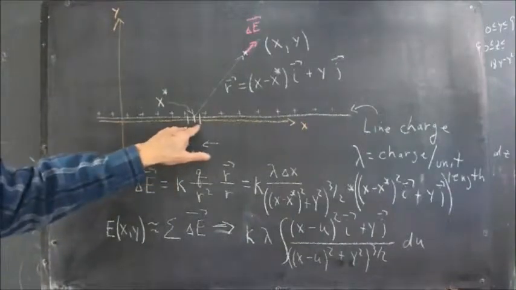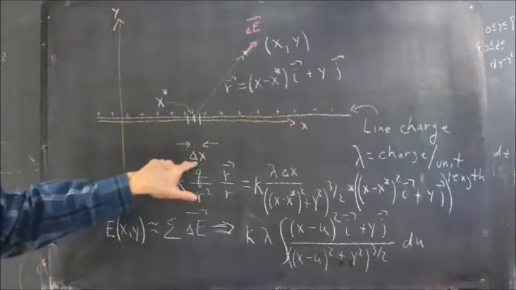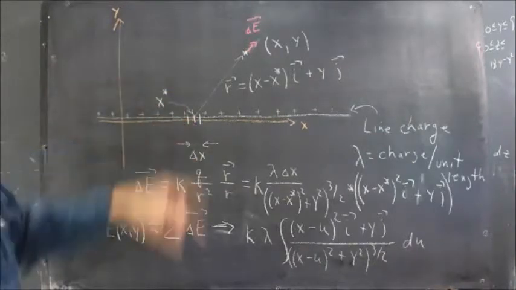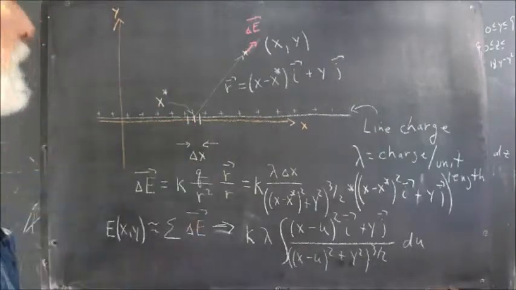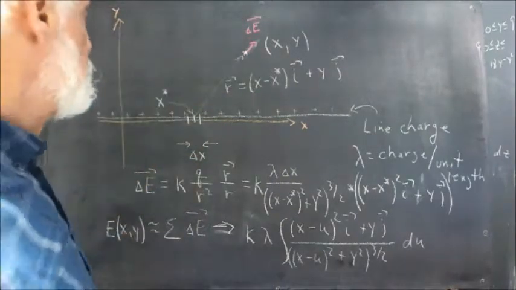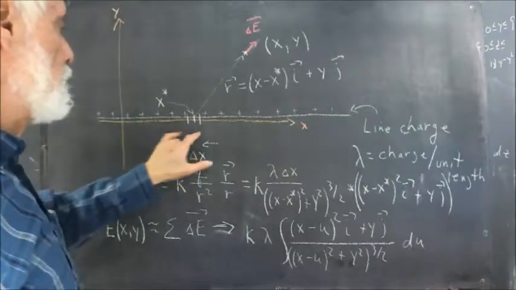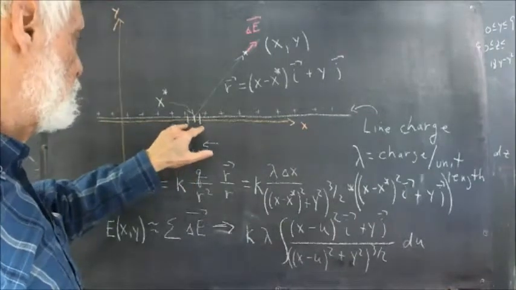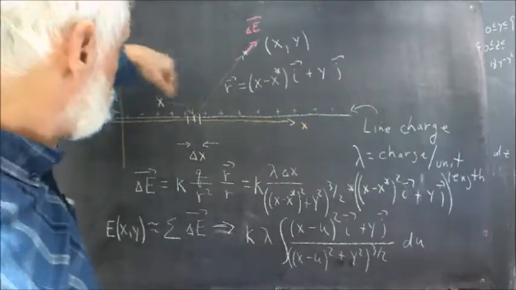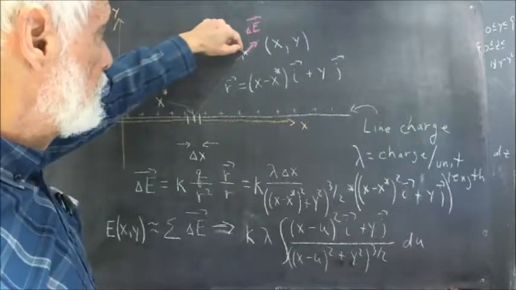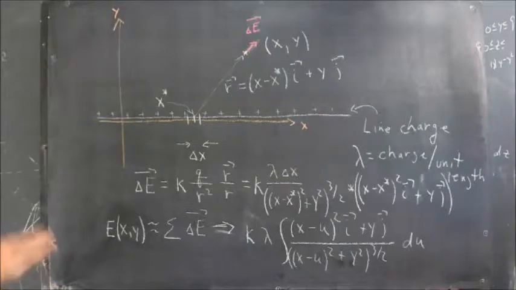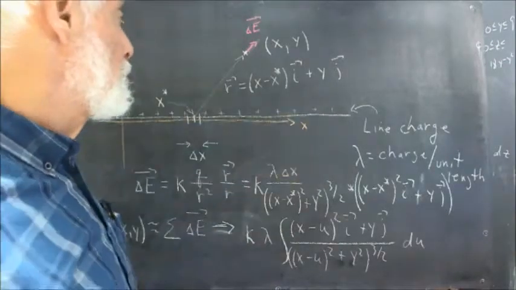So we're going to take a specific segment of length delta x, with a sample point x star within that interval, and we're going to figure out the expression for the electric field due to the charge inside of this increment, based on the r vector from this sample point to the point x, y. So how are we going to do that? Well, first let's get our r vector.